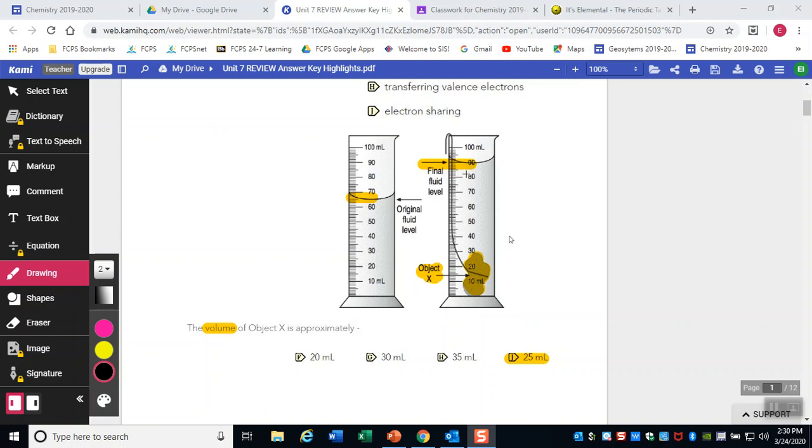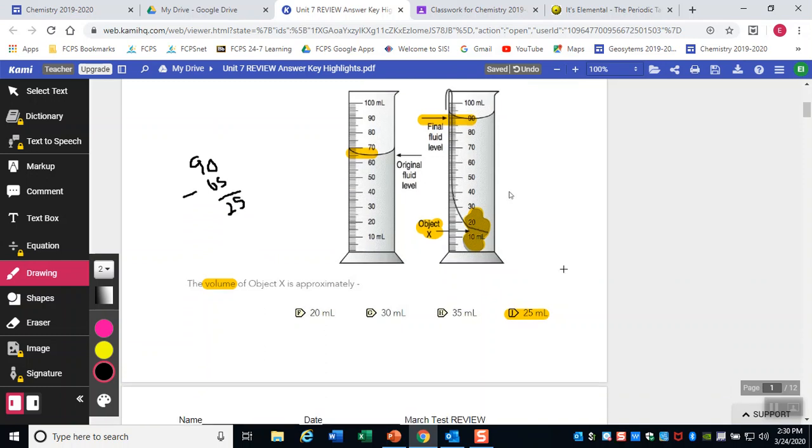So the difference between those would be the volume of the rock. So you would take 90 minus 65, and that gives you 25. And that is called finding the volume by displacement.